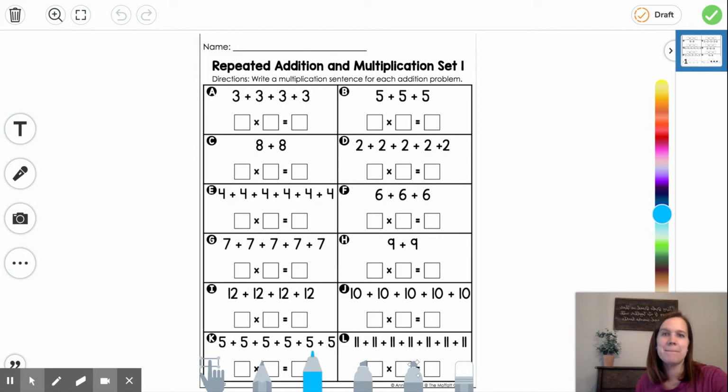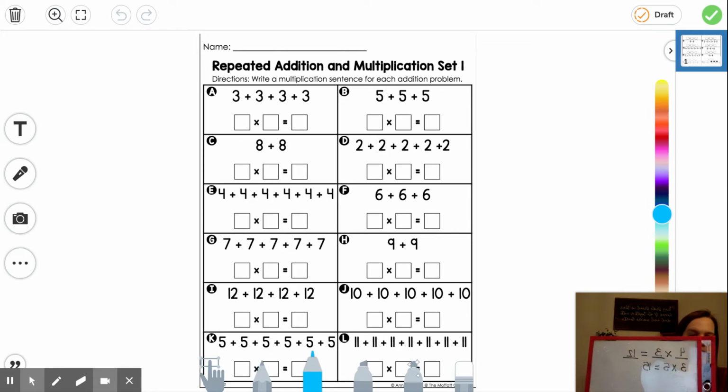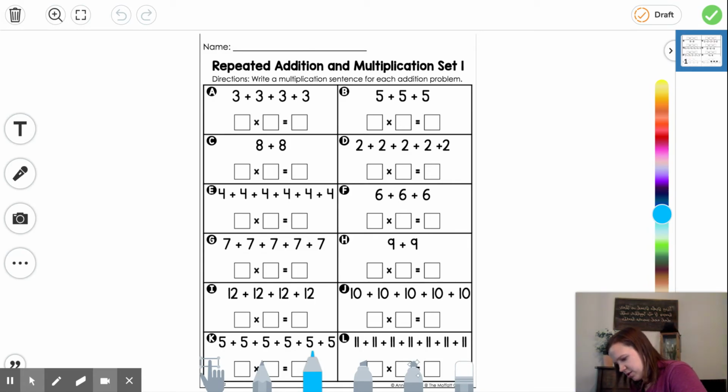Let's go ahead and look at B. B, I have 3 groups of 5, and I know that 3 times 5 equals 15. So B, you should have 3 multiplied by 5 equals 15. And I'll label my sentences so you know this is A, this is B. All right, let's take a look at C together.